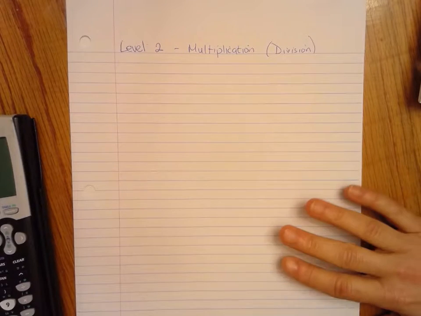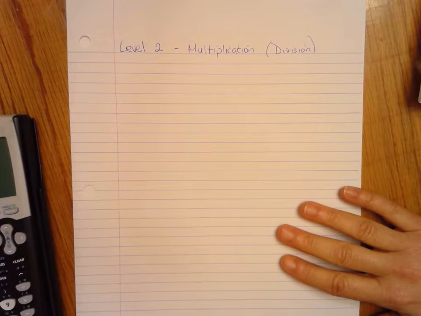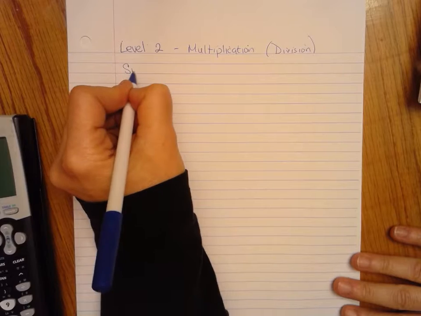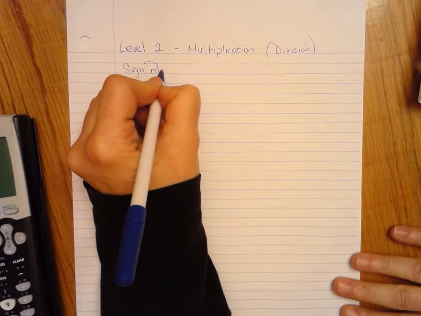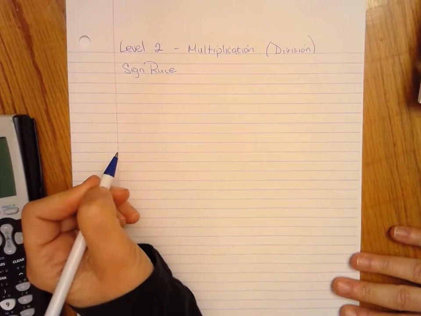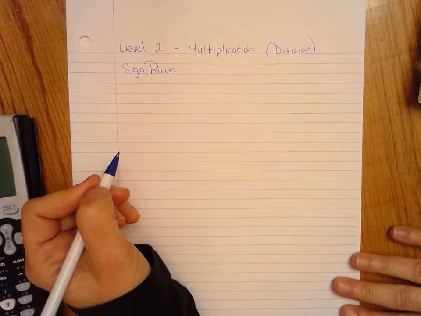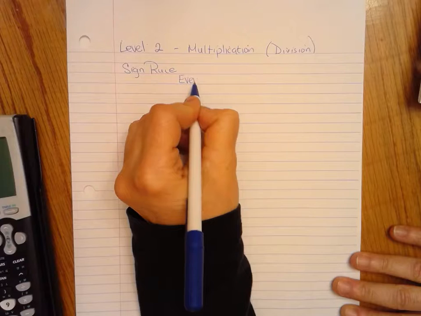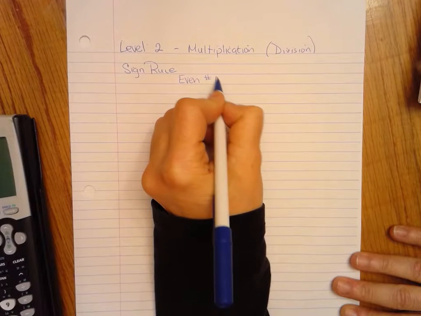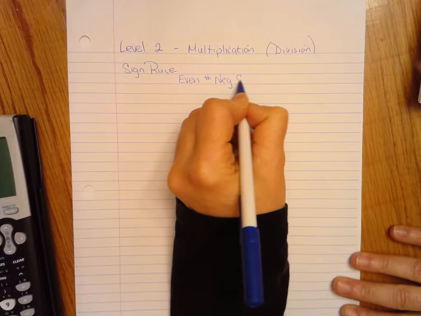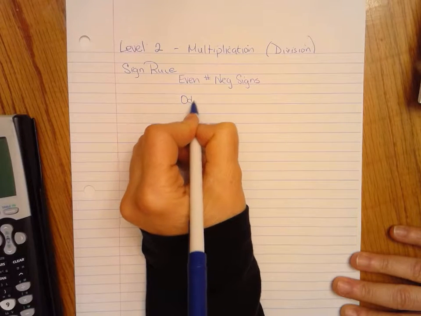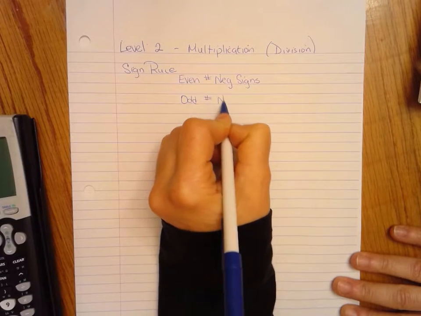When we're multiplying and dividing, when it comes to the signs, for both multiplication and division, we have an even number of negative signs or an odd number of negative signs.